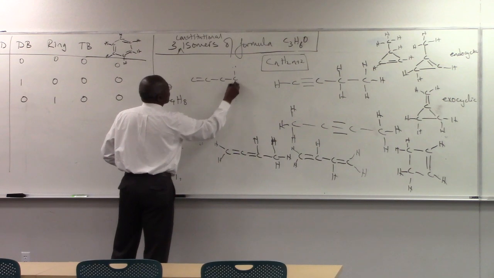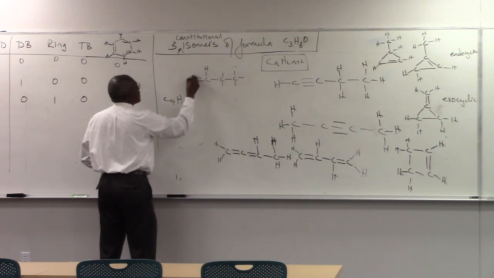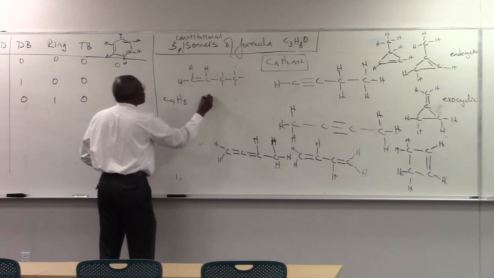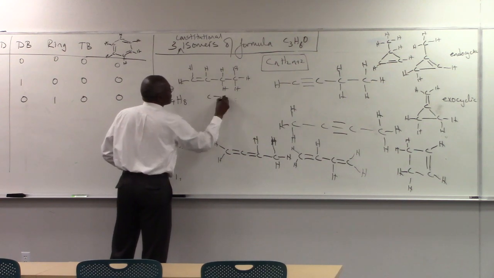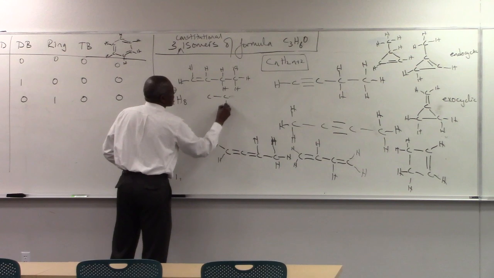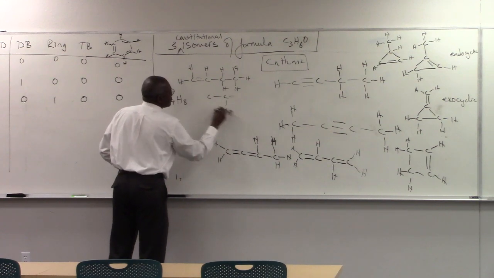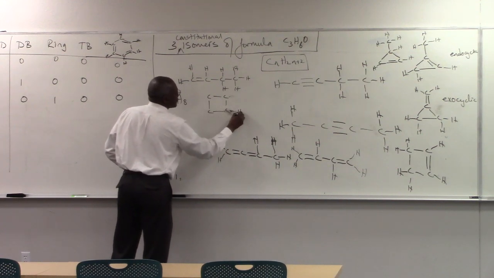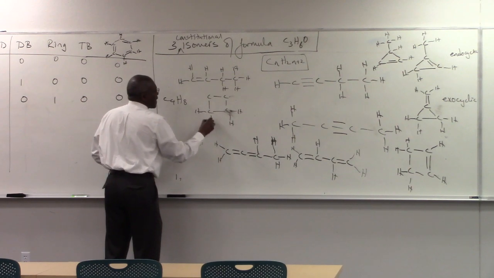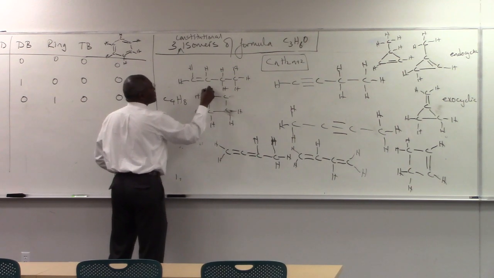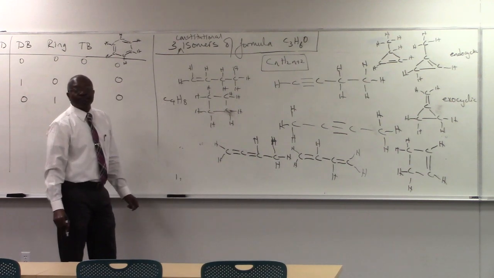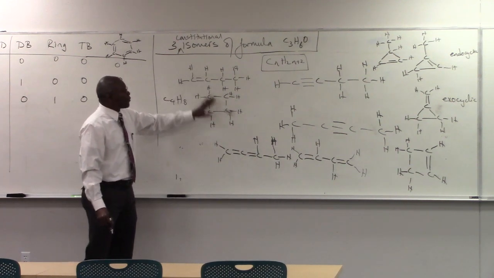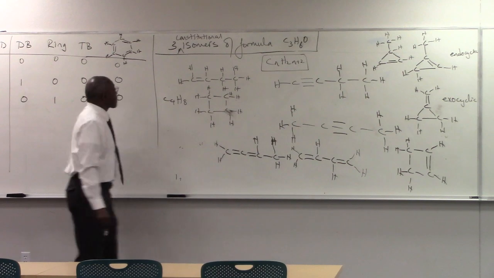I won't draw them all, but I'll just draw a couple. We've got this structure, or for example, this structure. So I could have had either a ring, or I could have had a double bond. But if I have the double bond or the ring, I can't have anything else.